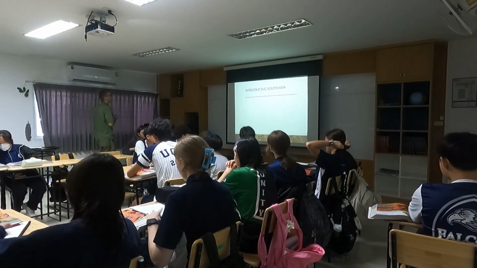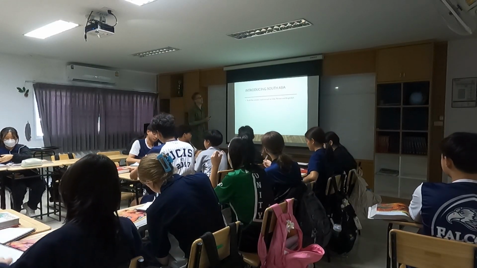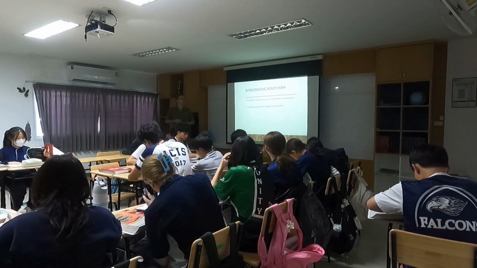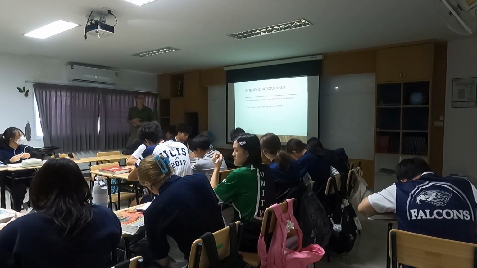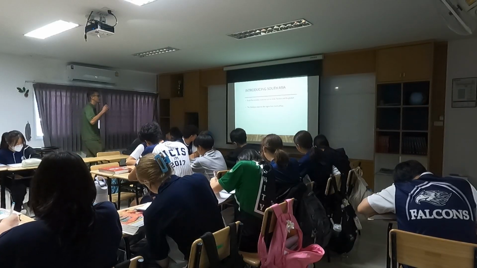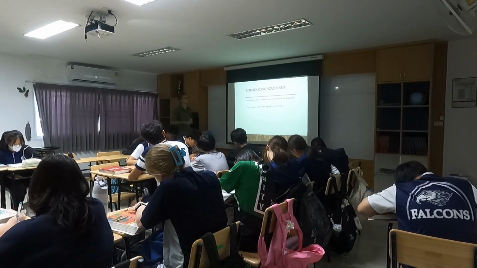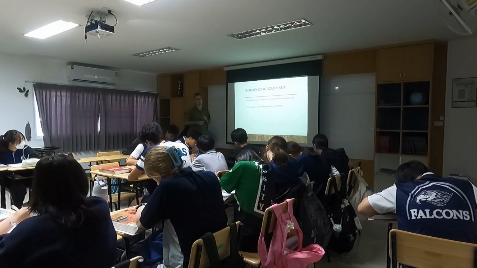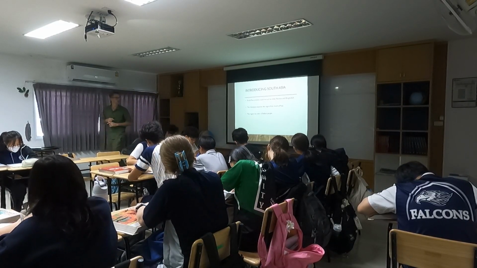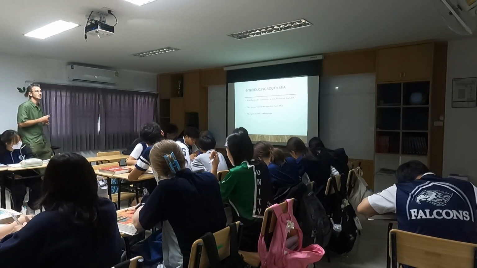Okay, so introducing South Asia. South Asia includes countries like India, Pakistan, and Bangladesh. The Himalayas separate this region from most of Asia. So between South Asia and the rest of Asia, we find one of the biggest, if not the biggest mountain range in the world, called the Himalayas, which we will also discuss. This region has over 1.8 billion people.